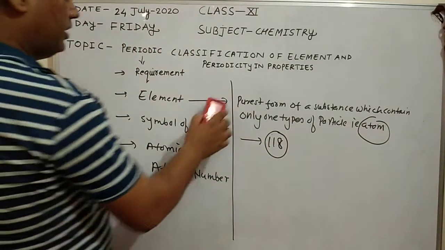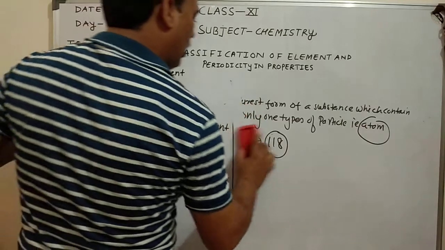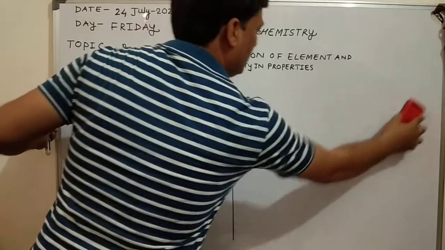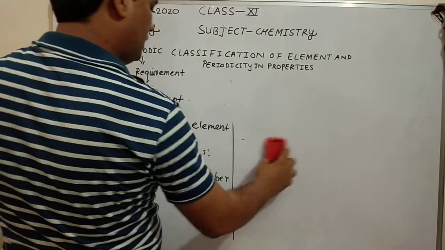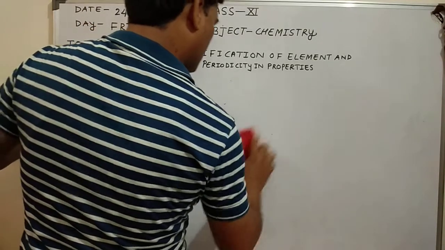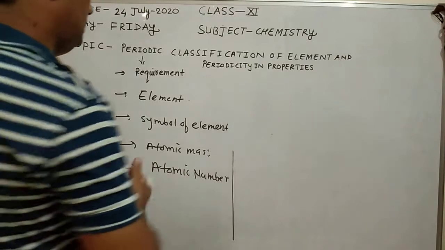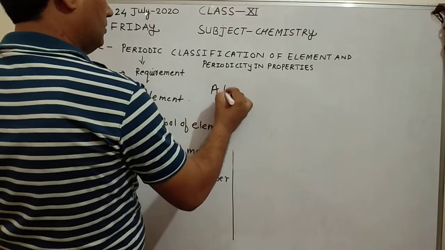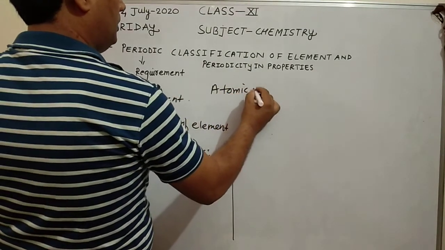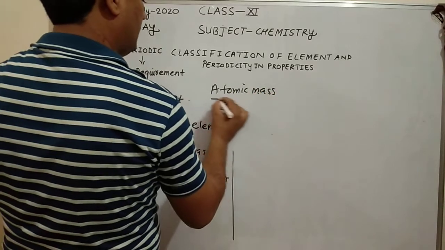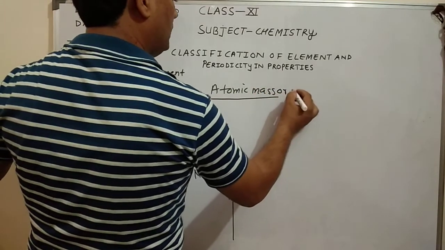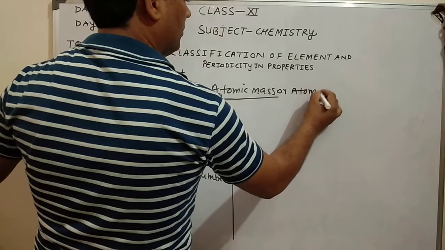So you are required to know how many elements are present in the classification. Next point is atomic mass. What is atomic mass? It is also known as atomic weight.